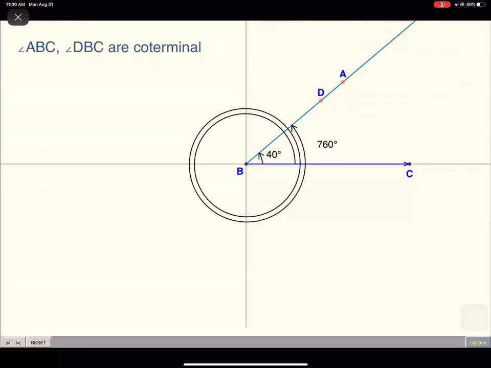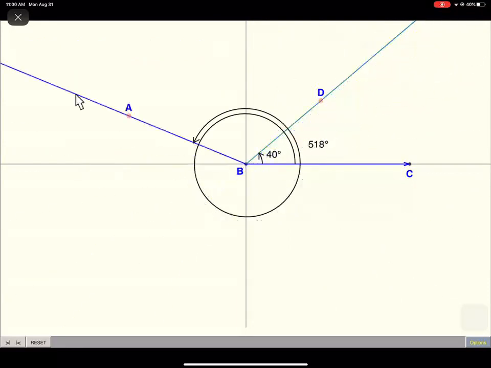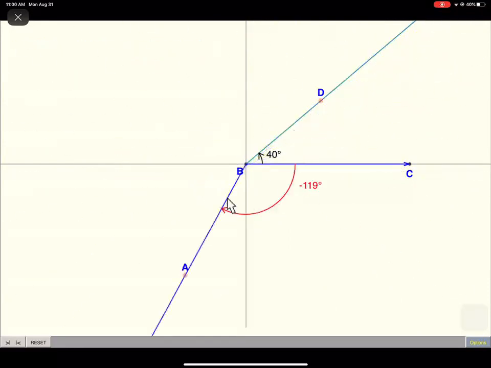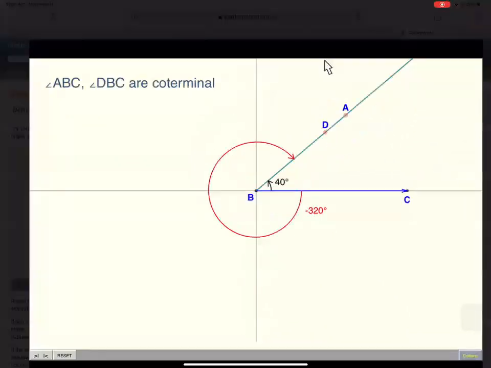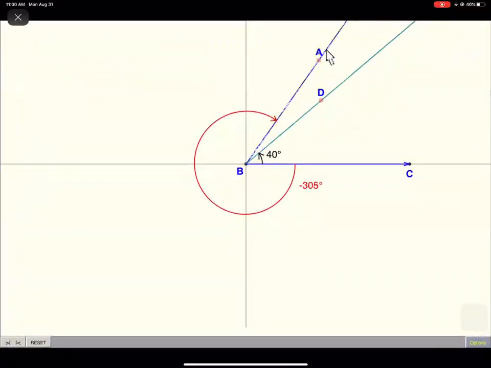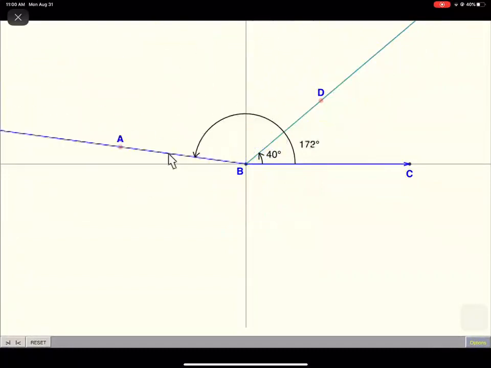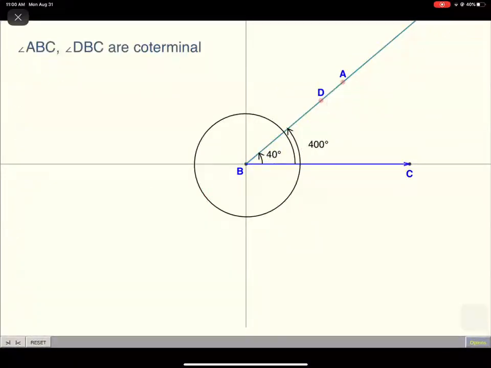We can go the other way too. Let's see if this will work the other way. Oh, negative. Bam. Now, since 40 is an easy number, we can say 40 minus 360 is negative 320. Or if I go forward, 360 plus 40 is 400.